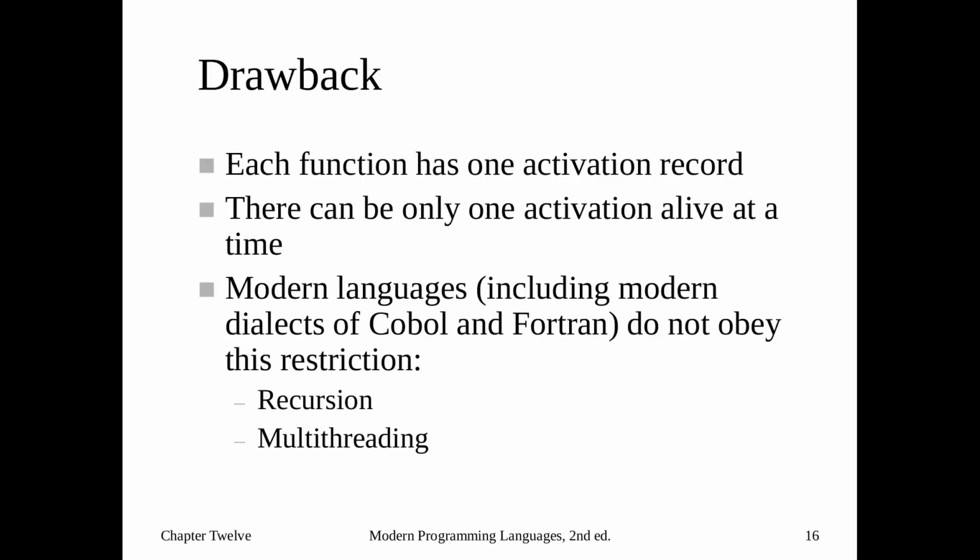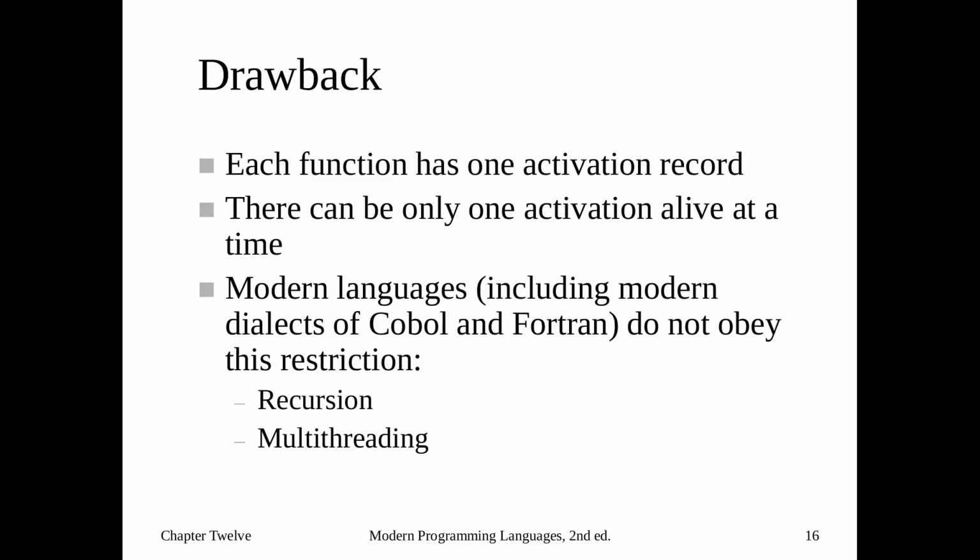The problem with this static construction, though, is that each function can only have one activation record. There can only be one activation alive at any one time, so that precludes, for example, using multi-threading or recursion, which we'll talk about shortly.